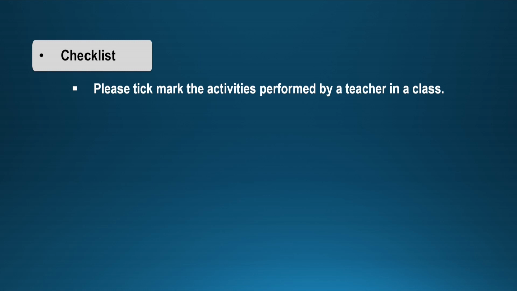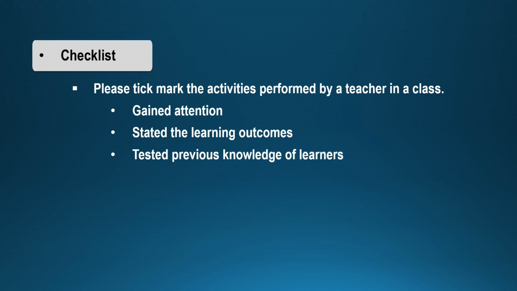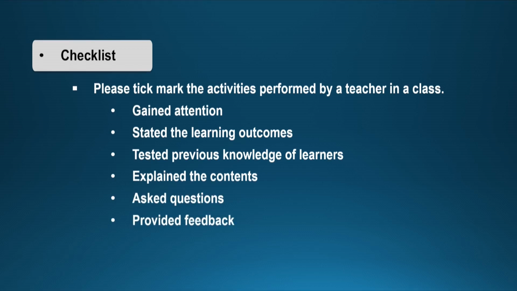And below it, the various activities which a teacher performs in a classroom situation are enlisted: gained attention, stated the learning outcomes, tested the previous knowledge of learners, explained the content, asked questions, provided feedback, and so on. So the person who has to observe an ongoing activity in the classroom has to put a tick mark on the activities which are performed by the teacher in the class.